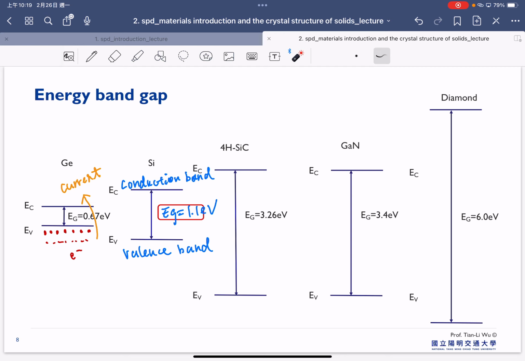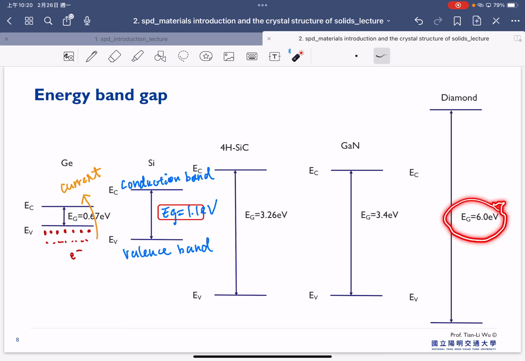Diamond should be the material that purely shows the insulating property. And that means they should have no current inside the diamond. Also, we can use this band diagram to understand why they should have no current in the diamond. Because diamond has such a large band gap.